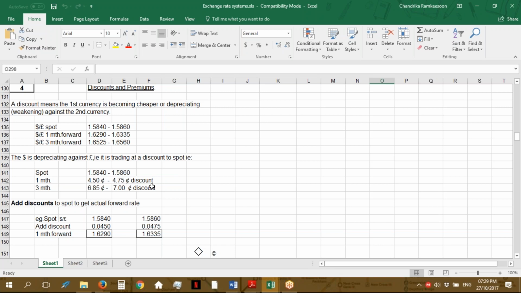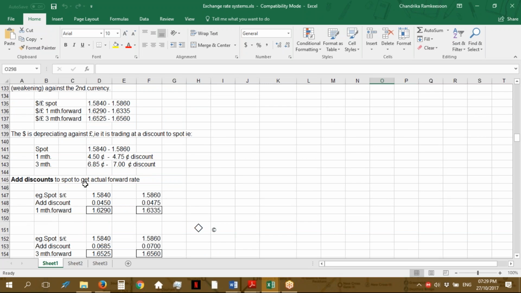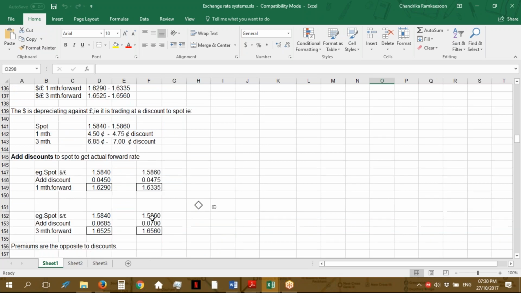So the only way that you can increase the numerical value is if you add. Now this must be a discount. And again, just checking back, add the discounts to spot to get the actual forward. We always add discounts. So if I take this and add this here, I will get 162.90, which of course is this figure. And I also showed you the same thing for the 3 month.